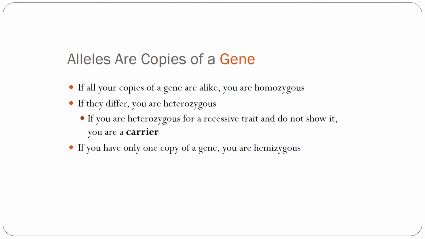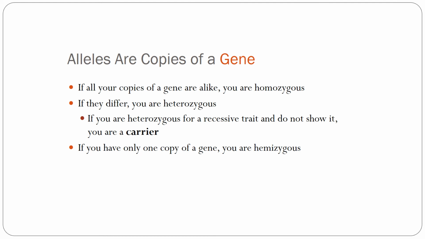So alleles are copies of a gene. If the copies of the gene are alike, it's homozygous. If different, heterozygous. And if you are heterozygous for a recessive trait, you don't show the trait because it's recessive, you are a carrier.